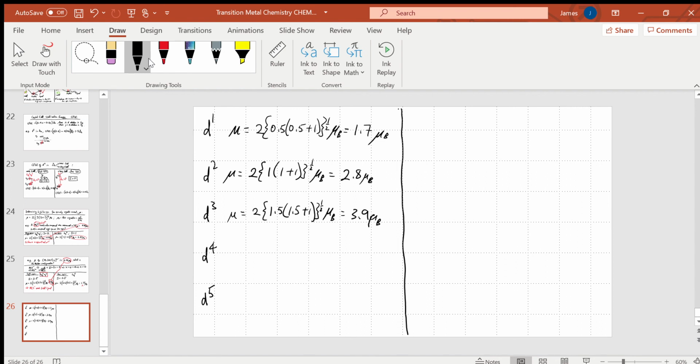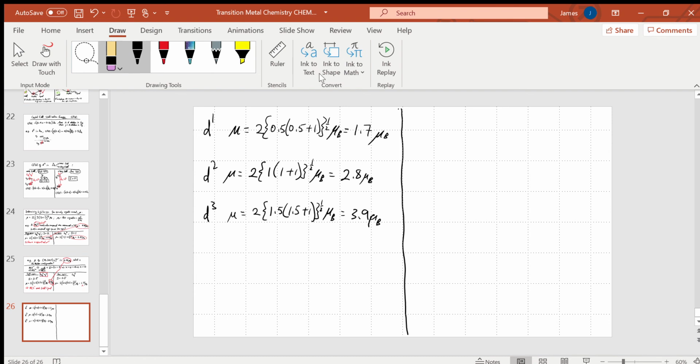4. Now, 4, actually, I'm going to get rid of 4 here, because so far 1, 2, and 3, we only have the problem of high spin, right? We don't have to worry about high and low spin. 4, 5, 6, and 7, we have the option of high spin and low spin.